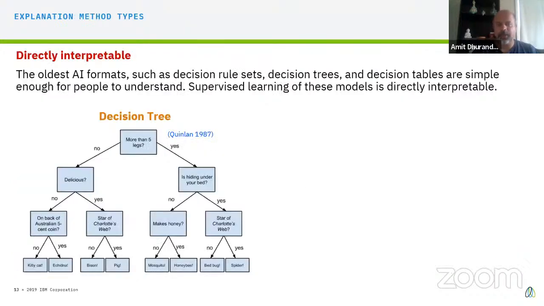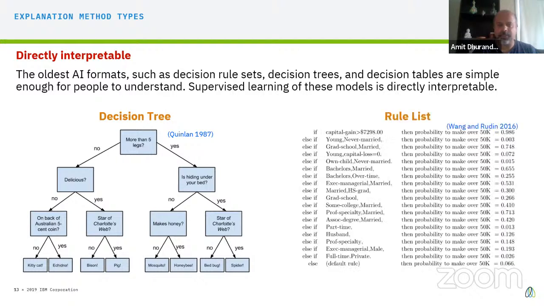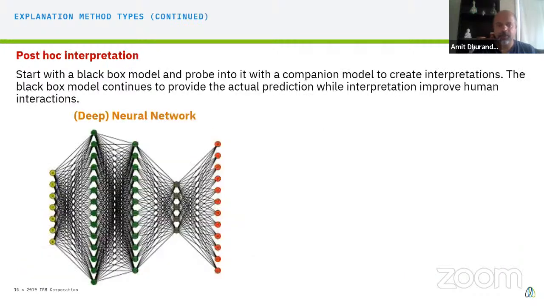So directly interpretable is the simplest thing, which is models which themselves lend to understanding. For example, decision trees, where you can just follow a path and see why a decision was made, or rule lists, which again give you very clear-cut understanding of how decisions were made. So these kinds of models fall under the directly interpretable category.